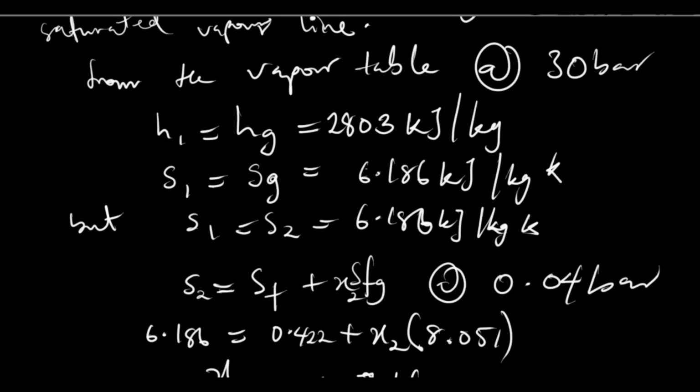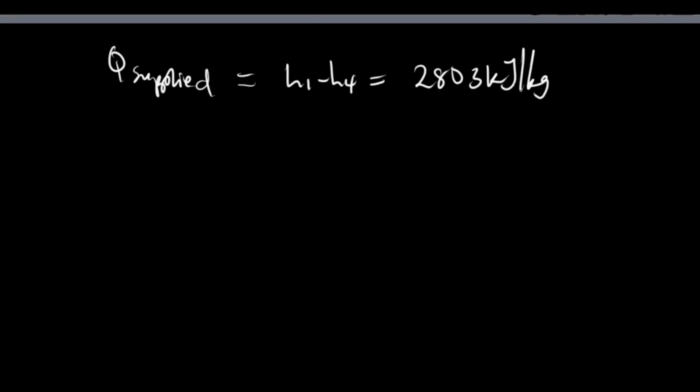Now we should go back to what we were doing. So it's going to be this minus H4, which is 124. That will give us 2679 kilojoules per kilogram.